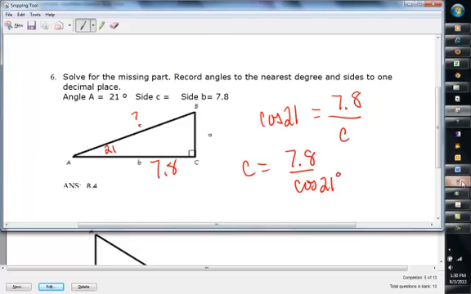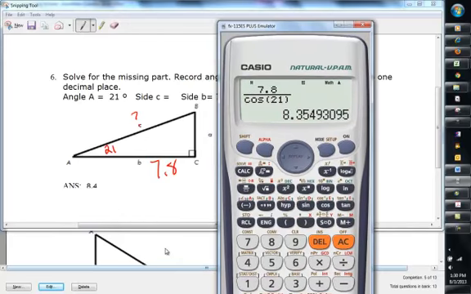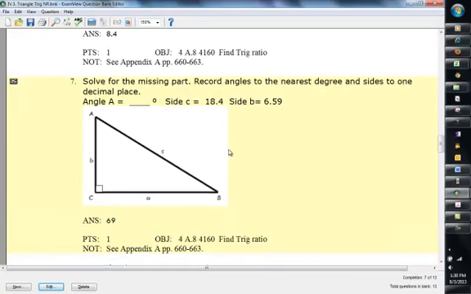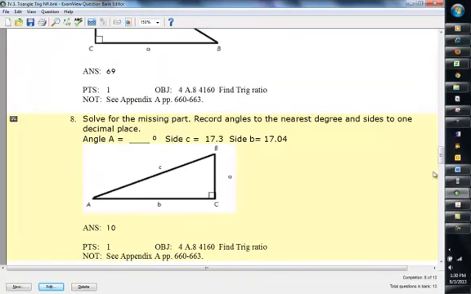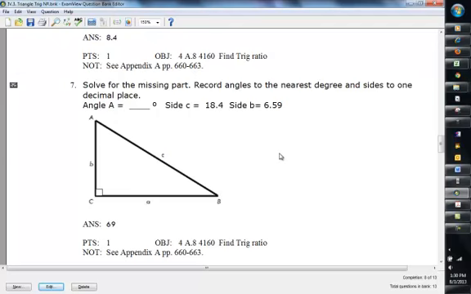So on our calculator, 7.8 over cosine 21 is 8.35, which rounds to 8.4. Next one.